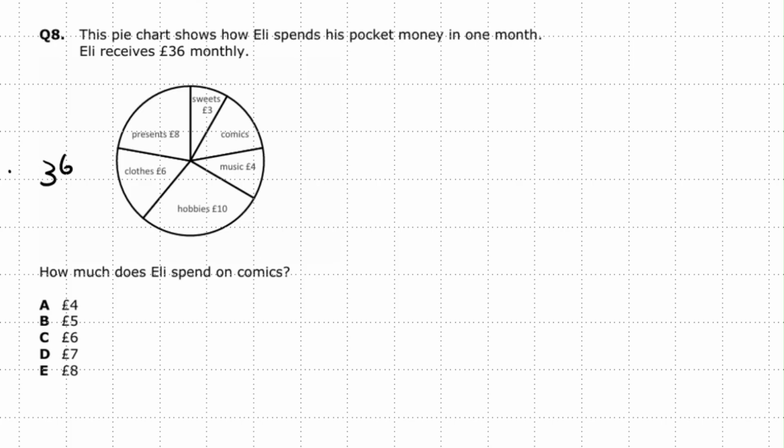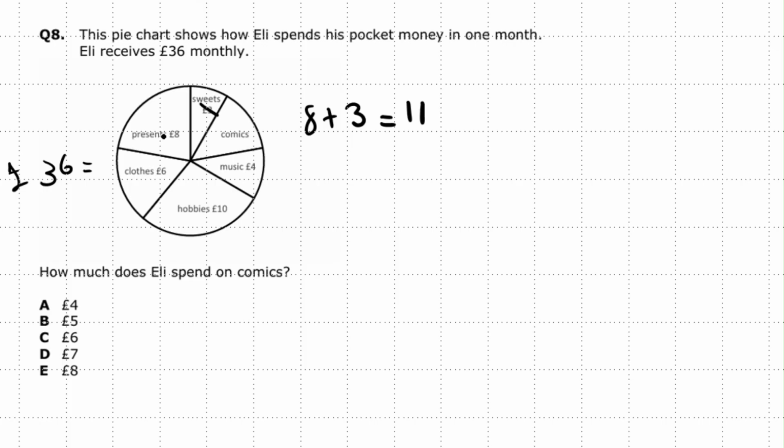Which equals to £36, and minus 36 minus 30, how many pounds does all of these equal to? So we'll know how many pounds the comics equal to. So 8 plus 3 equals 11.